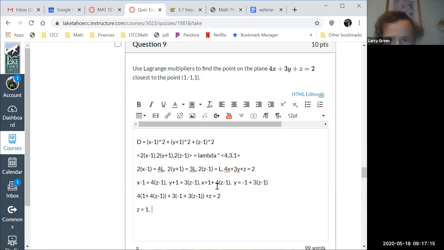If we take 1 plus 4 times (z minus 1), you get x is equal to 1. And if you take y equals -1 plus 3 times (z minus 1), you get y is equal to -1. So notice the point is (1, -1, 1).